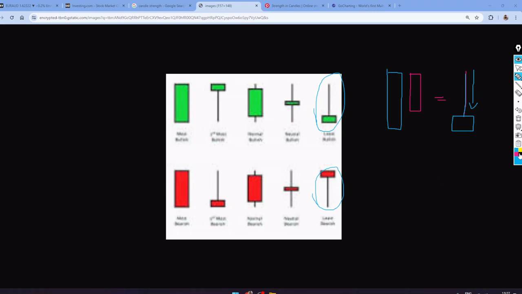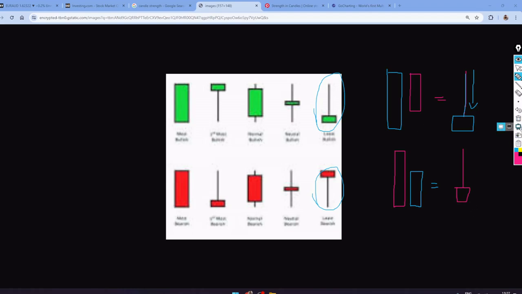So let's say there is a red candle like this, and the next candle is a green candle. Not a big green candle, but maybe something like this, a small green candle. Both combined together, you will get something like this.